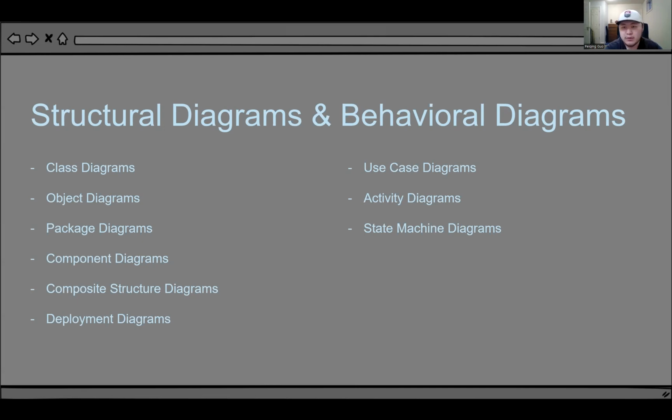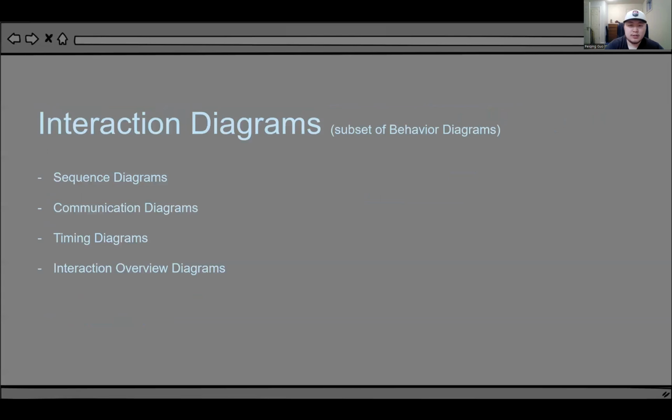The behavior diagrams include the use case diagrams, activity diagrams, and state machine diagrams. And there is a subset of behavior diagrams called interaction diagrams. It has its own set of types, including sequence diagrams, communication diagrams, timing diagrams, and interaction overview diagrams.